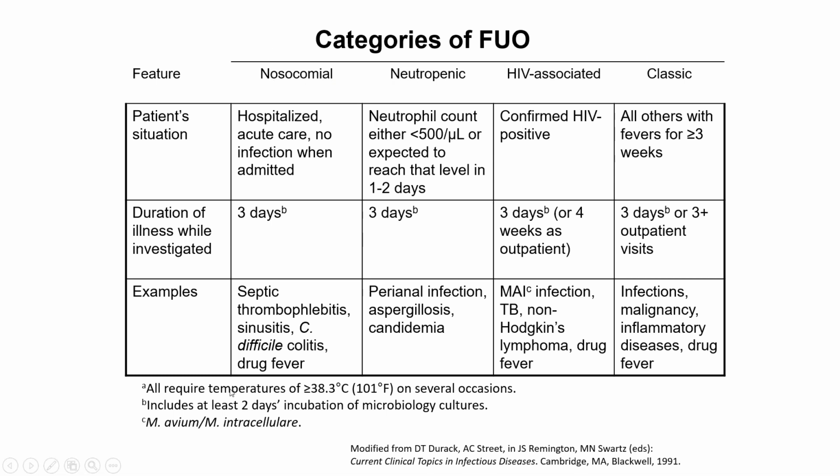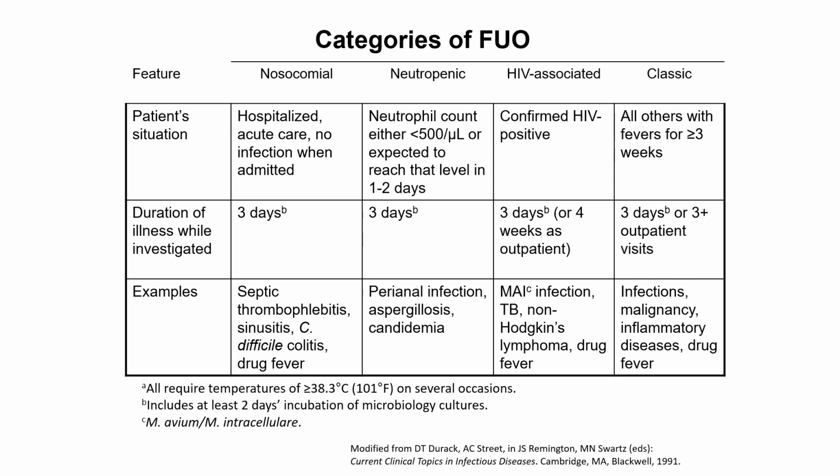So let us look at them one by one. Nosocomial FUOs happen when the patient is hospitalized in acute care or chronic care, and the patient did not have evidence of infection when admitted to the hospital. For example, a patient with a stroke gets admitted into the hospital. The patient did not have fever when presenting to the hospital, but 5 days after hospitalization, the patient develops a fever.